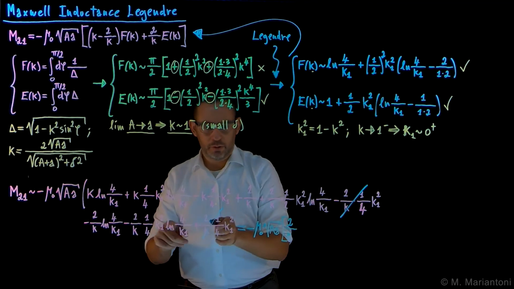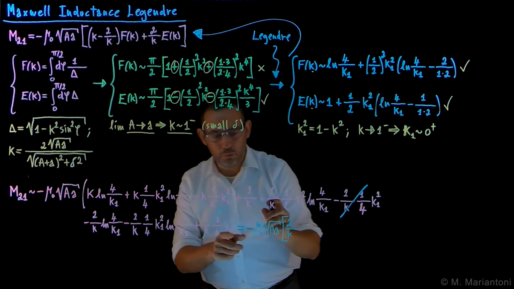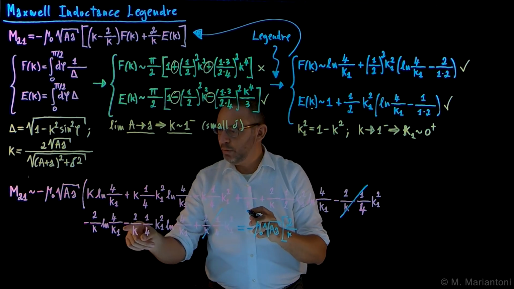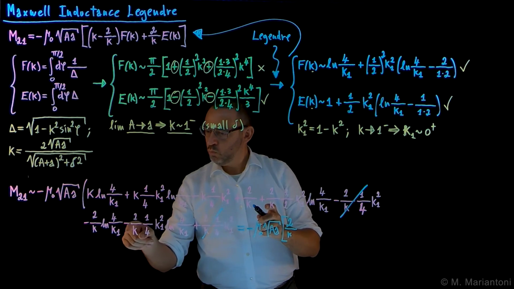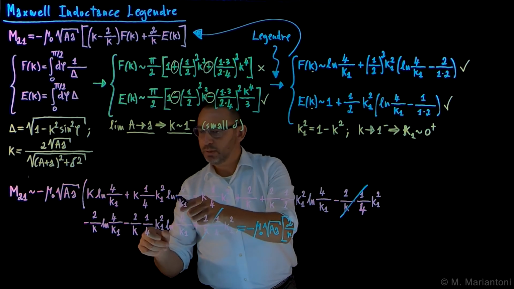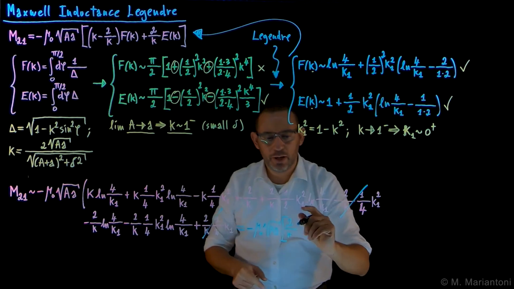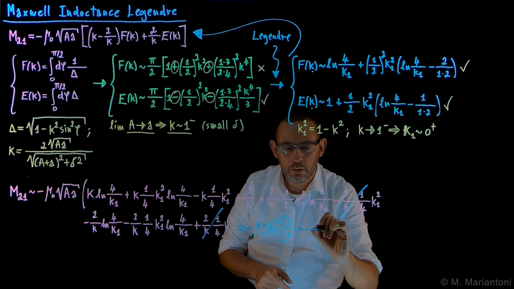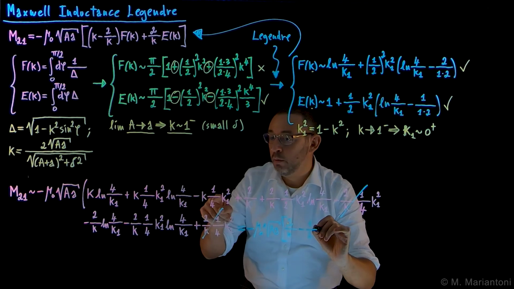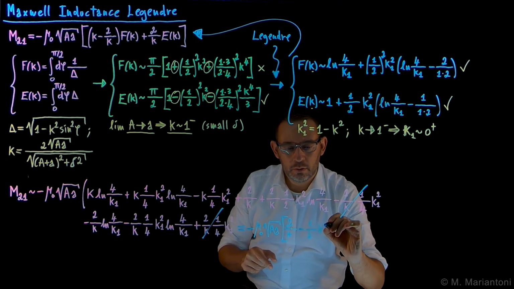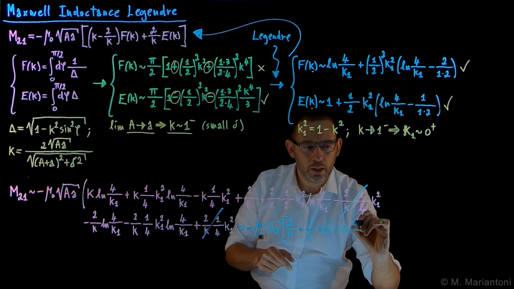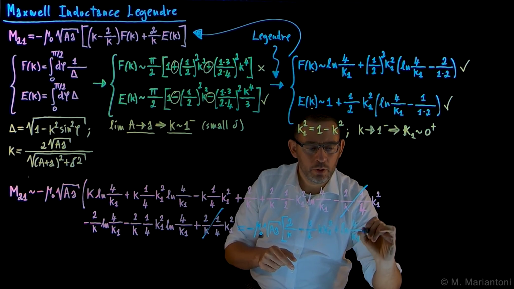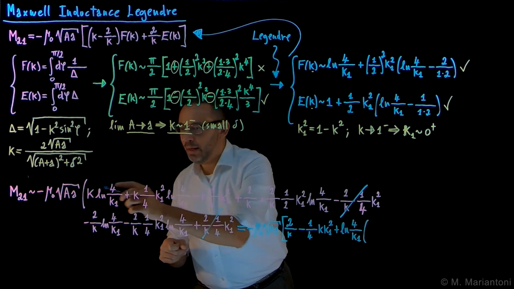So this 2 over k, which is somewhere here, and there is another one, minus, without logarithm, which is minus 1/4 k1 square. And then there are 4 terms with the natural logarithm, so plus natural logarithm of 4 divided by k1, which multiplies 4 terms, k.